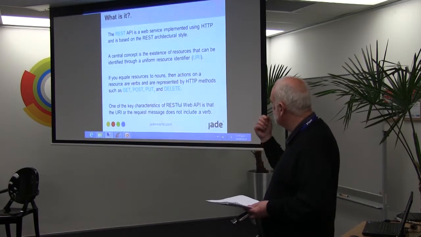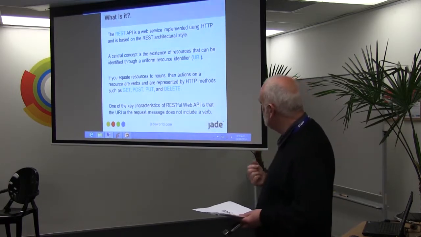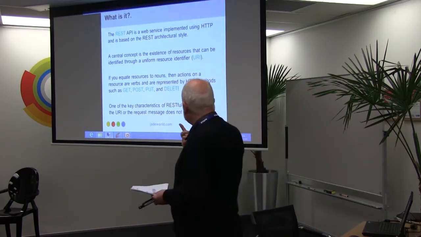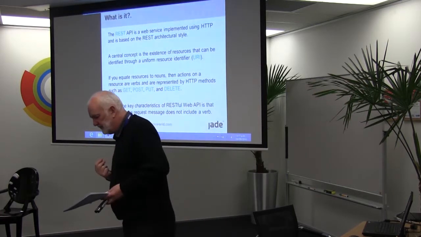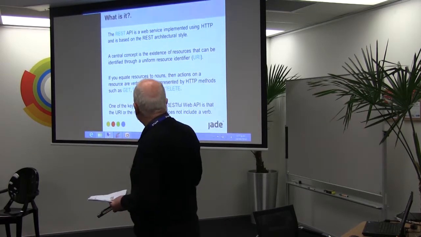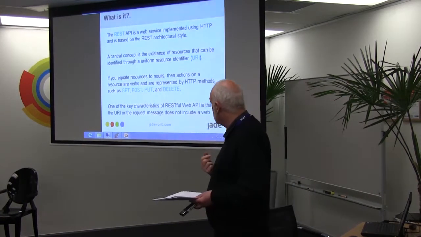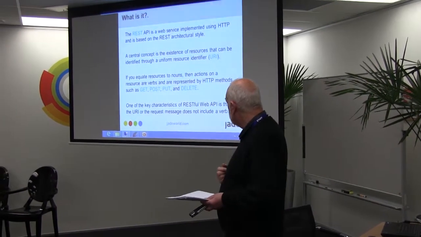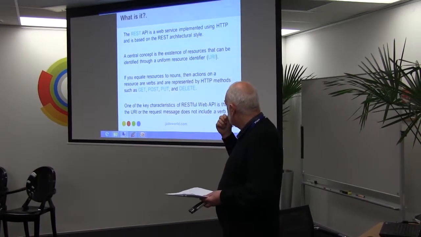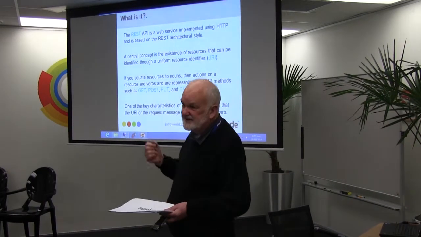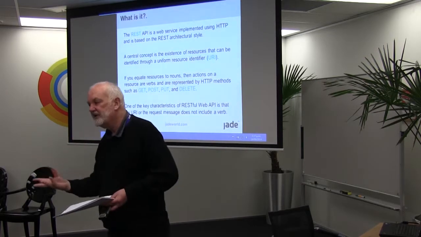And basically, HTTP request, you issue them either as a get, a post, a put, or a delete. Previously, we only handled get, post in the Jade HTTP world, but the other two. So the idea of this is that these verbs reflect what you're trying to do.